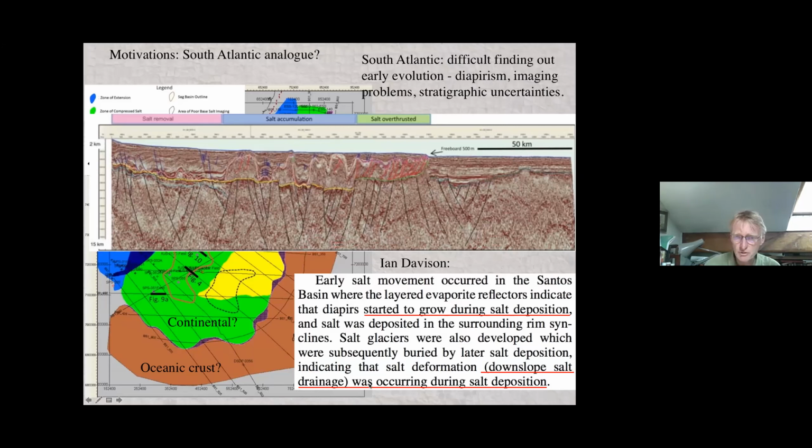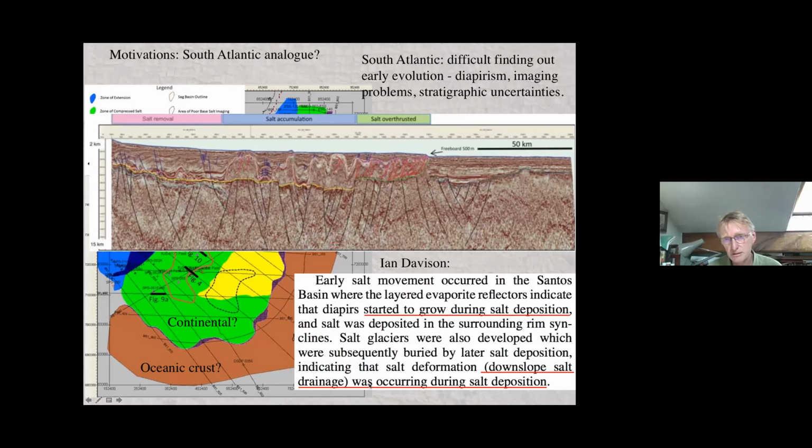So some people have drawn really direct analogies between the Red Sea and the South Atlantic, and I think that's actually not appropriate because they have quite important differences in the timing of the evaporite deposition compared to the crustal stage, whether it's a continental or oceanic rifting stage, and the rifting rate is different.